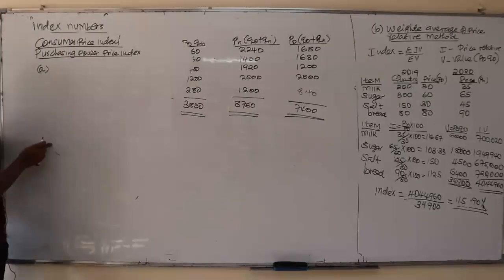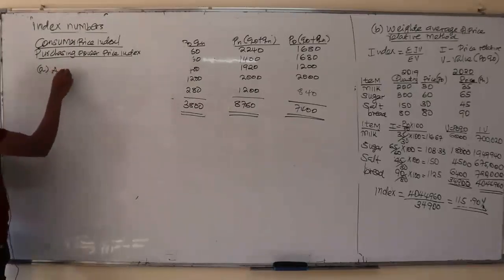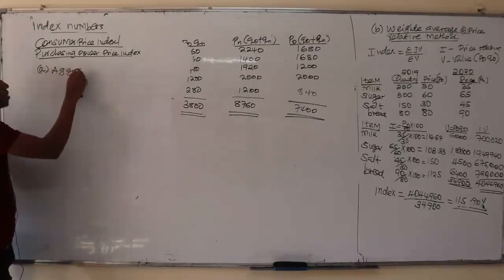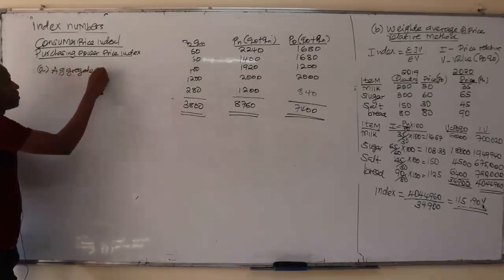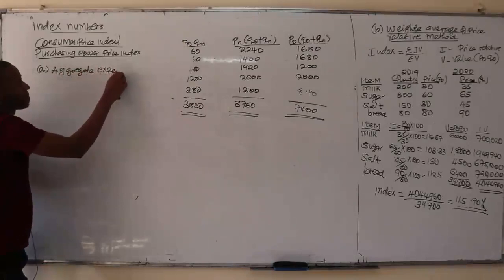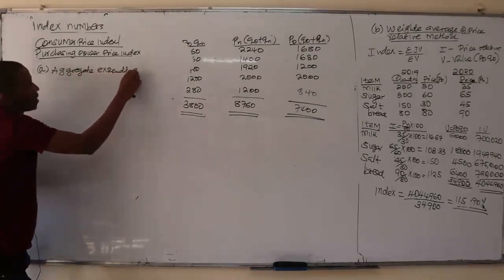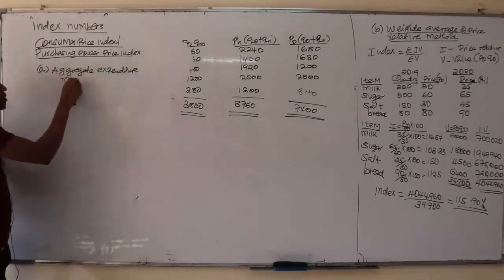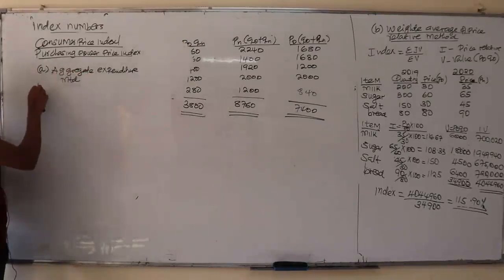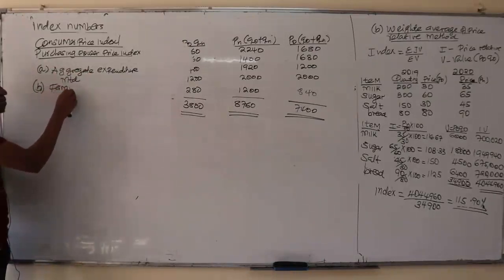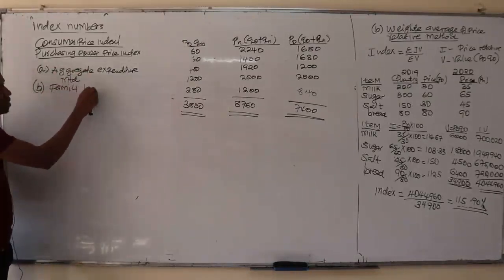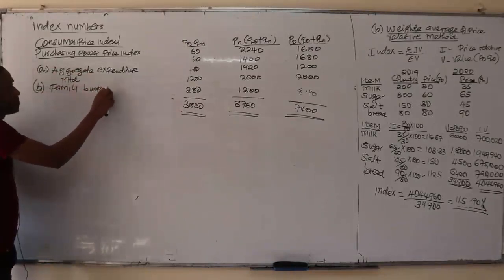A is what we call the aggregate expenditure method, and B is what we call the family budget method.